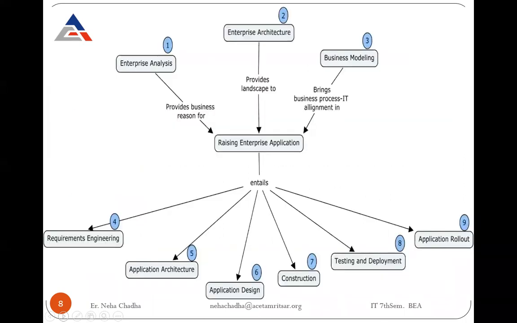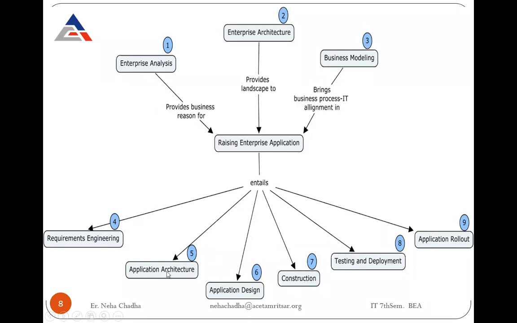Here we will look at raising an enterprise application in detail. We have covered that, but we will give a pictorial representation of all the things. First is enterprise analysis, which provides the reason to the business. Then enterprise application architecture, then business modeling, then fourth comes requirement engineering.